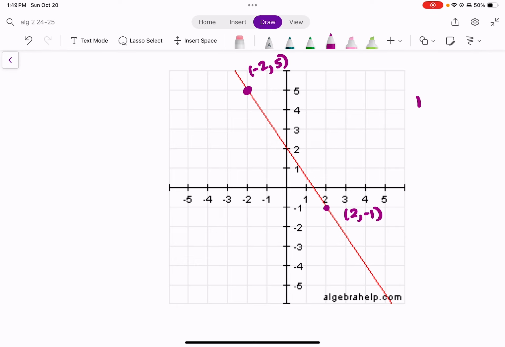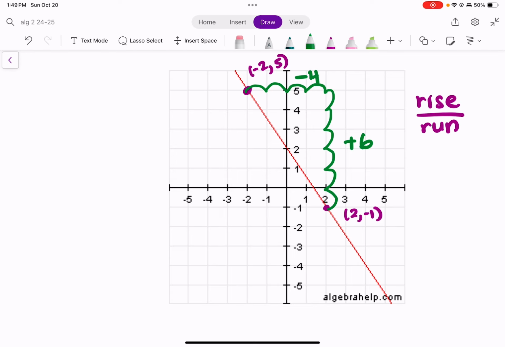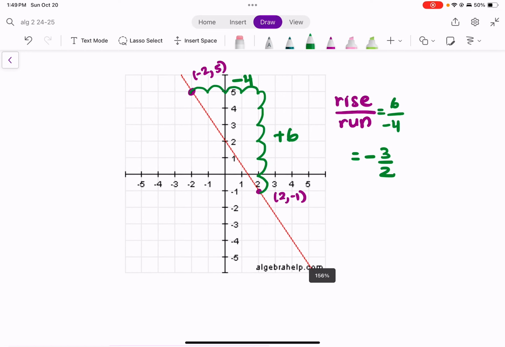But also, we can do rise over run, right? And so what we want to do is see how much we have to go up or down. So 1, 2, 3, 4, 5, 6. And then I have to run 1, 2, 3, 4 to the left, so that's -4. So it would be 6 over -4, which is going to give me -3 over 2, right?